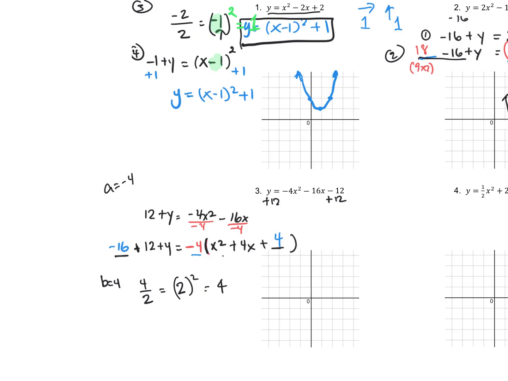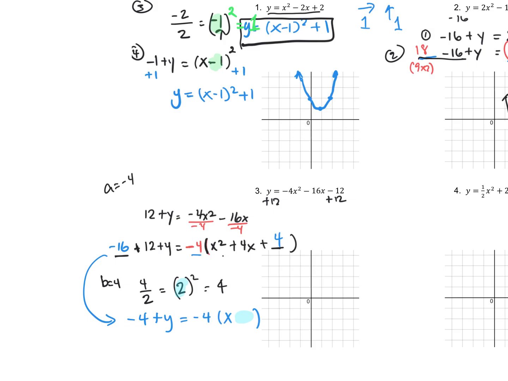Okay. So if I clean this up and make sure that I write it in vertex form, on this side I will have negative 4 plus y equals negative 4, x. Remember this 2 goes in here.